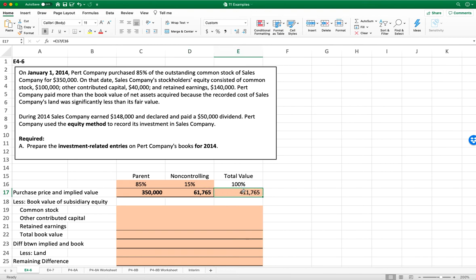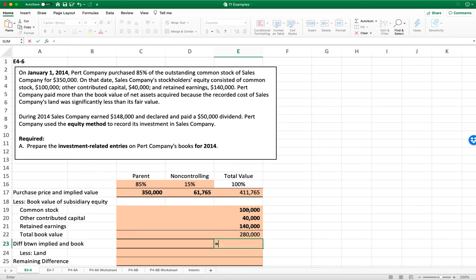So now we're going to compare our implied value to the book value of the subsidiary. Our subsidiary had common stock of $100,000 on the date of acquisition, other contributed capital of $40,000, and retained earnings of $140,000. We're going to add these up, and we get a book value of $280,000.